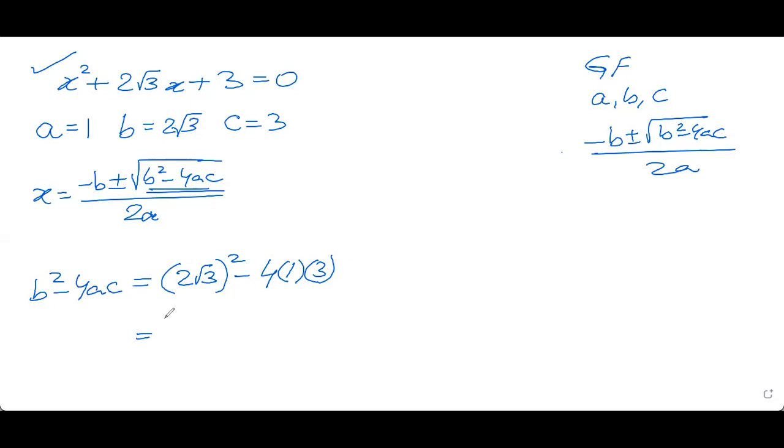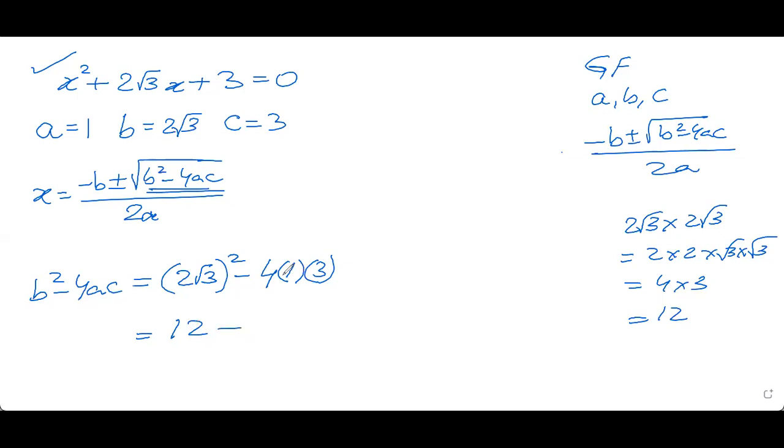Root 3 square is 3. 4 into 3, 12. 2 root 3 into 2 root 3: 2 into 2, root 3 into root 3, 4 into 3 equals to 12. Class 9, surds. Minus 4 into 1 is 4, 4 into 3 is 12. So this is 0.